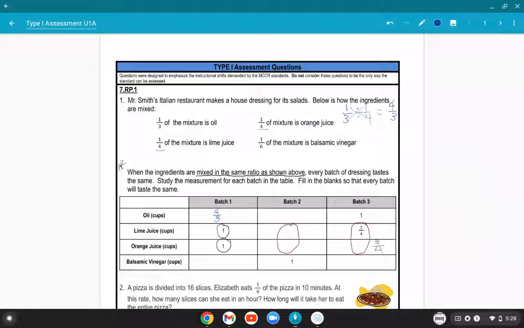And then I have the 1/6 divided by 1/4. 4 times 1, same x fashion, 4. 6 times 1, 6. Since both 4 and 6 are even, I'm going to do 2/3. I'm dividing in half.